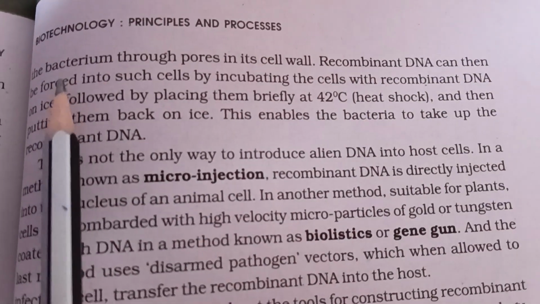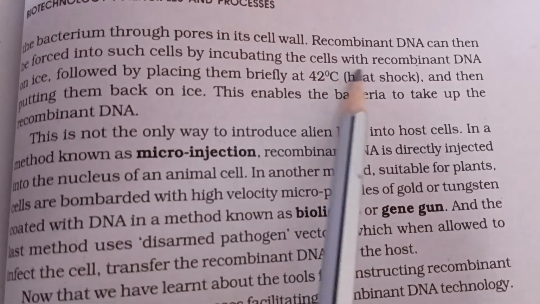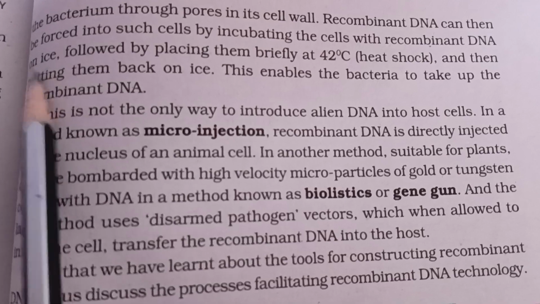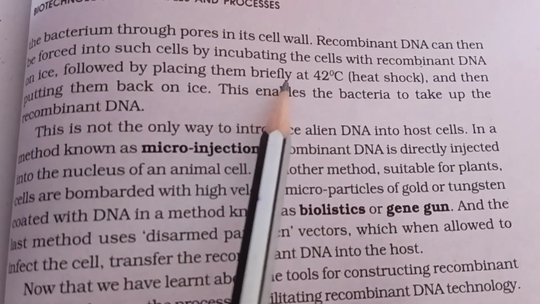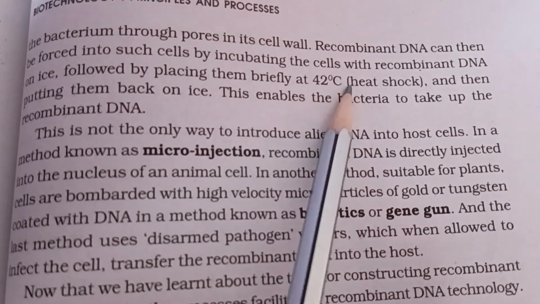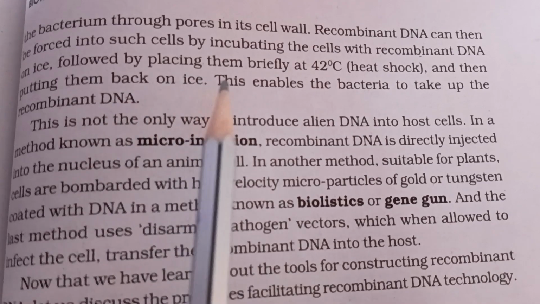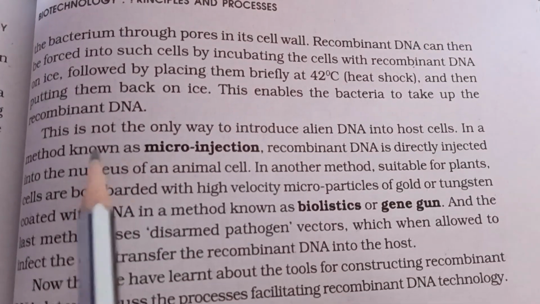Recombinant DNA can then be forced into such cells by incubating the cells with recombinant DNA on ice, followed by placing them briefly at 42 degrees Celsius, heat shock, and then putting them back on ice. So this enables the bacteria to take up the recombinant DNA.